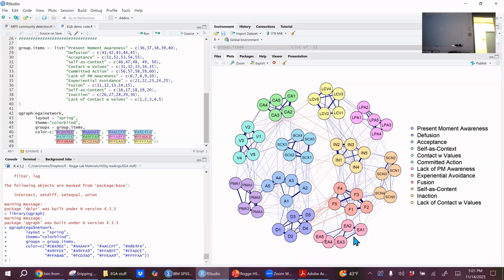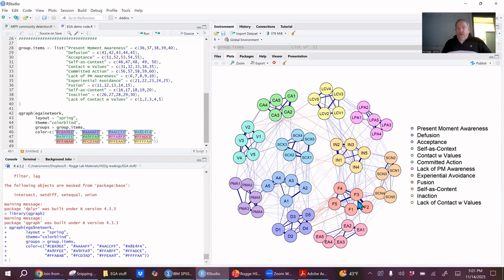Also, I find network graphs like this only mildly useful because when you have so much covariance in there, like these items are correlating 0.7 with each other, the links between the items in each community are nice and strong, but that shrinks all of the other lines down to teeny tiny ones.